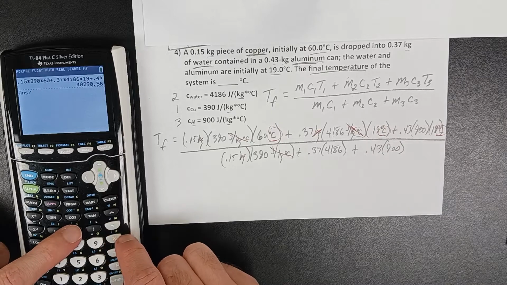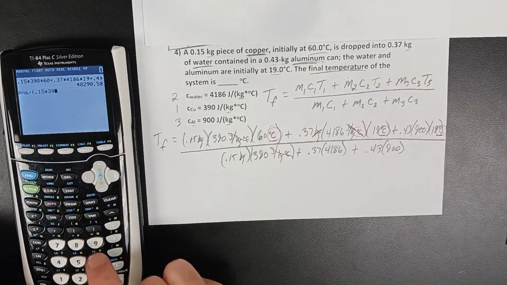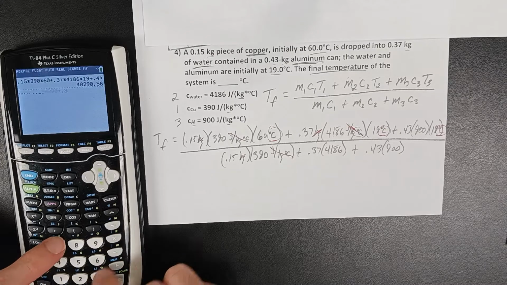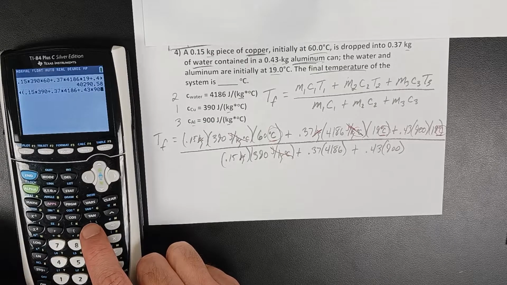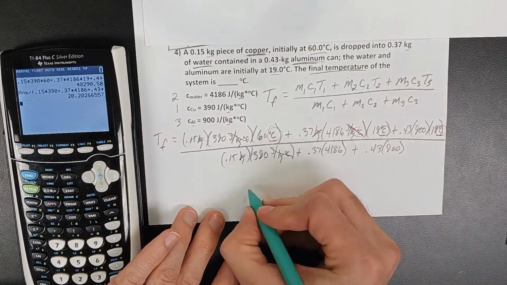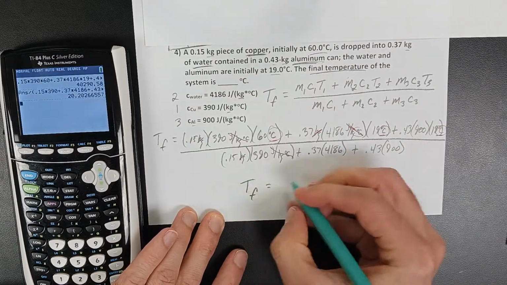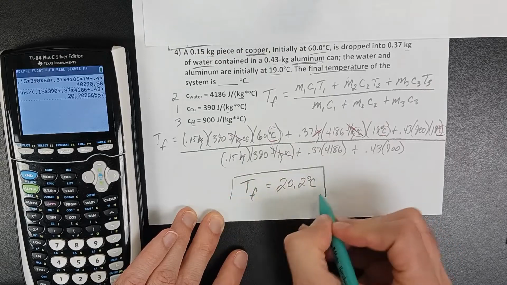I want to divide that by the denominator, so 0.15 times 390 plus 0.37 times 4186 plus 0.43 times 900. And so we get a final temperature of 20.2 degrees Celsius.